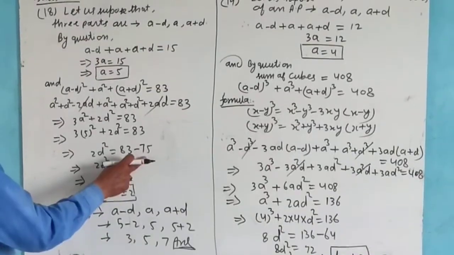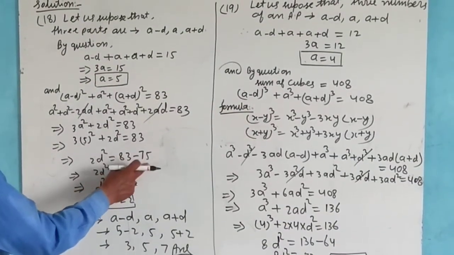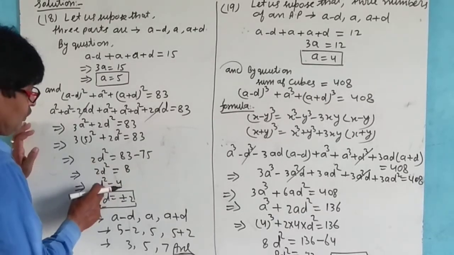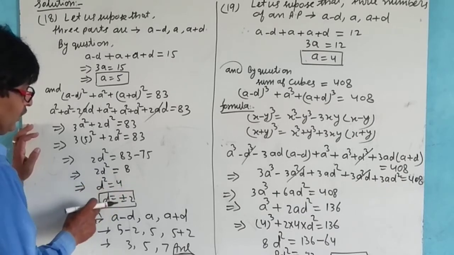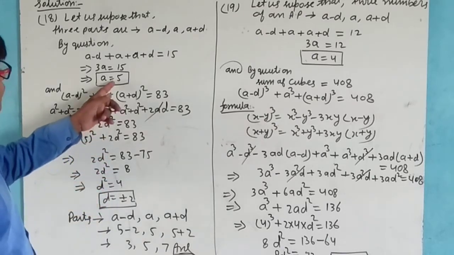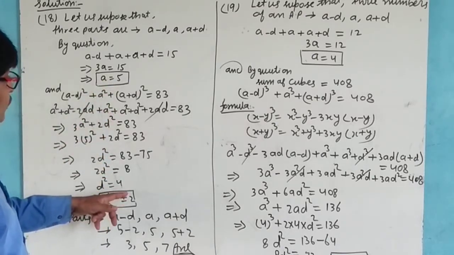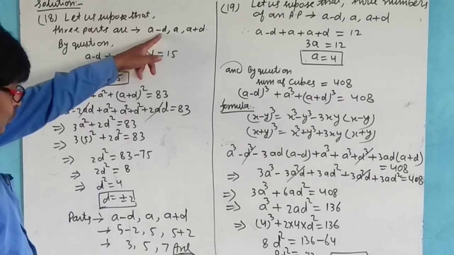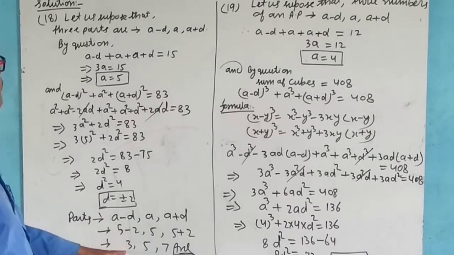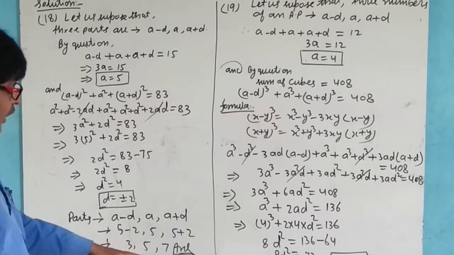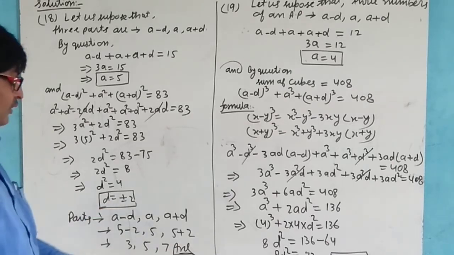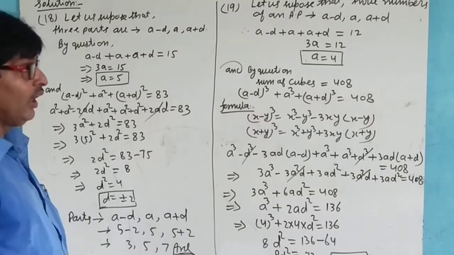Subtract this from 83, that is 8. 2D square equal to 8, so D square equal to 4, so that D equal to plus minus 2. Putting the value of A equal to 5 and D equal to plus 2, 5 minus 2, 5 and 5 plus 2, so the parts of 15 are 3, 5 and 7, and if you put D equal to minus 2, then that comes 7, 5 and 3 also.